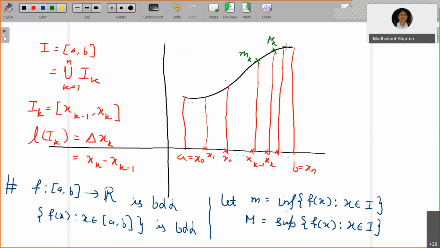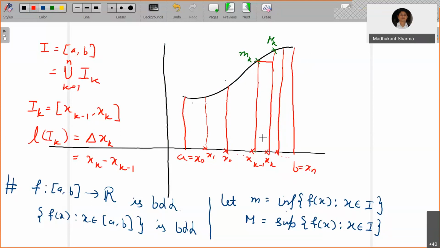If you have the graph of the curve like this, then the scenario will change depending on whether the function is decreasing or increasing in the interval. You have to identify small mk and capital Mk accordingly. With small mk, you will be able to get the rectangle on this Ik-th interval, whose area is nothing but small mk into delta xk.